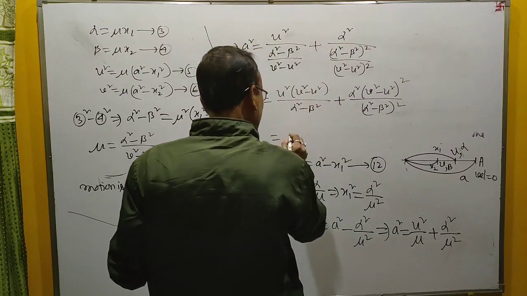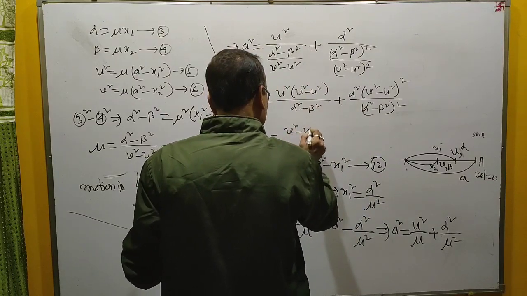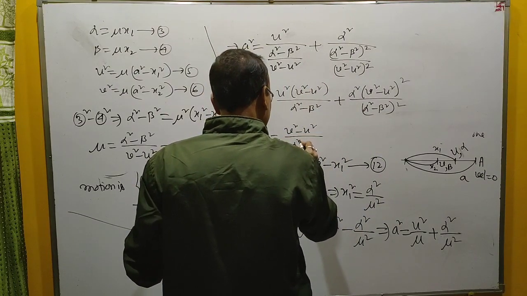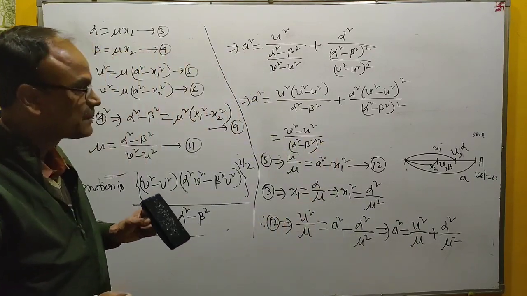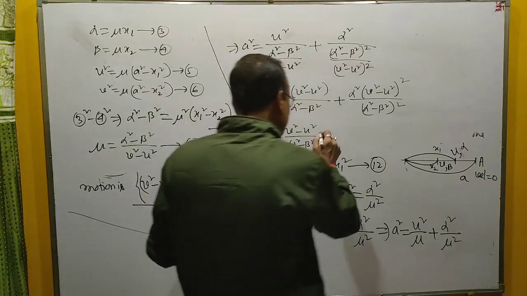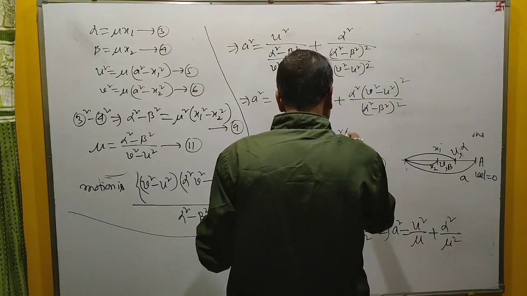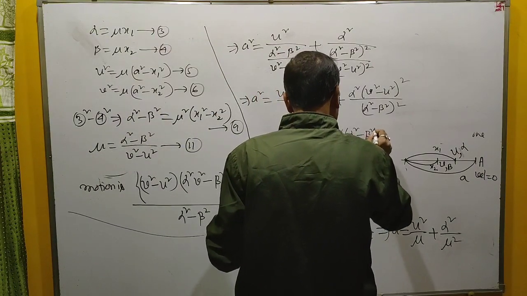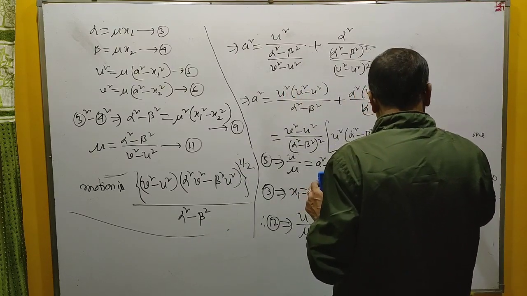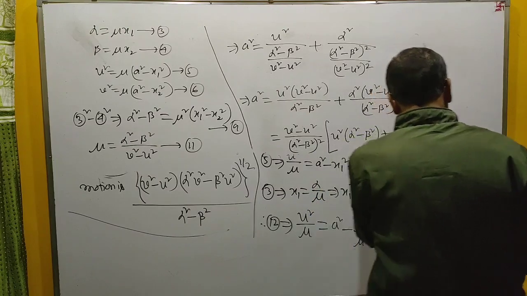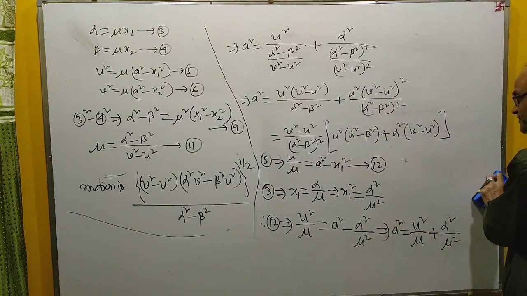From this you will get v square minus u square divided by alpha square minus beta square whole square, into u square into alpha square minus beta square plus alpha square into v square minus u square.